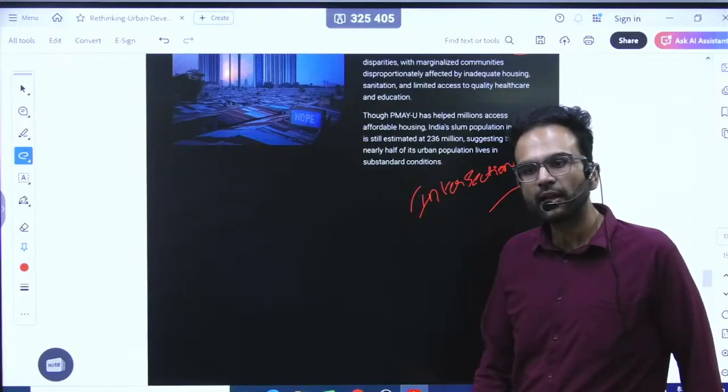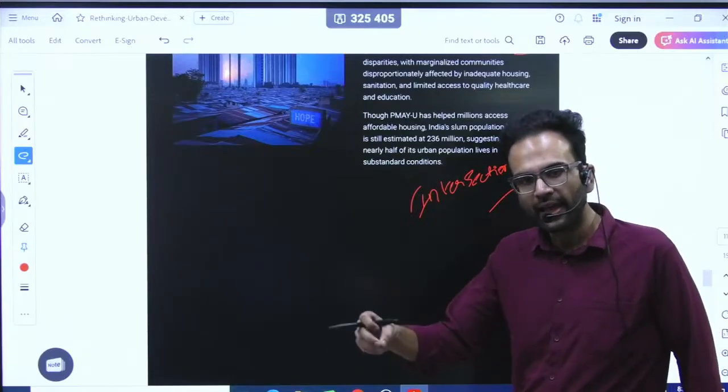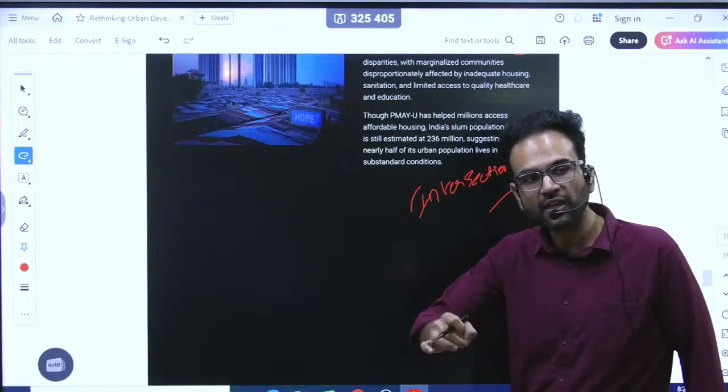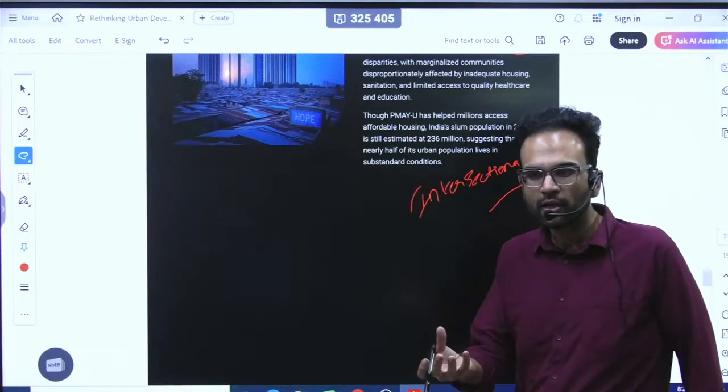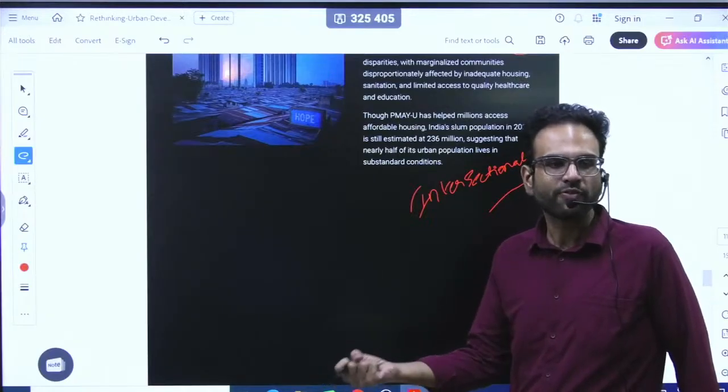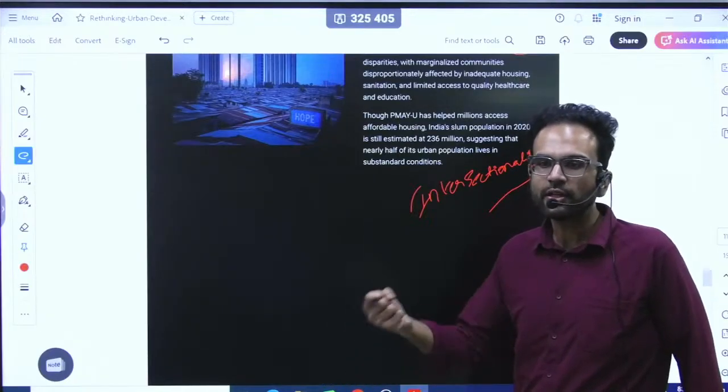Dharavi, despite being the largest slum in the world, exists because it serves a functional purpose to the functioning of Mumbai city. It is the supply conduit of cheap labor that will serve the rich.